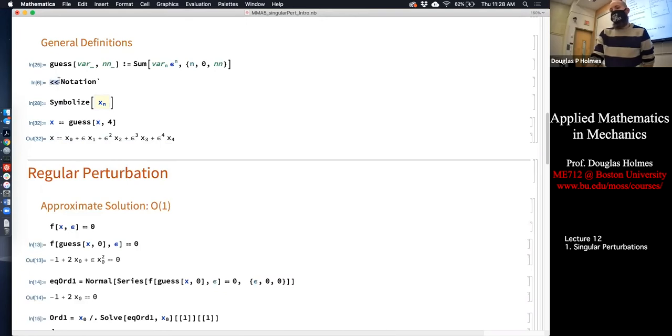This? Yeah, that's kind of like in Python or C++, where you would ask it to read in a library. It's almost like you're saying read in this library of notation, and then once it reads in that library, you can use this command.